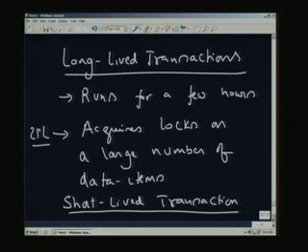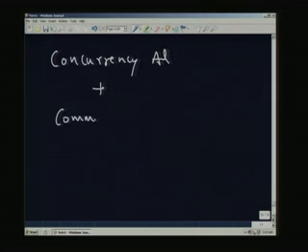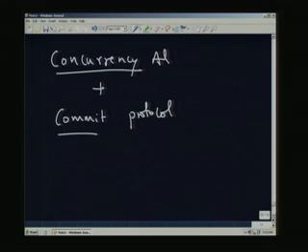Now, what I am going to touch upon is the other aspect of how a concurrency control algorithm has to be integrated with a commit protocol. What we understand by commit protocol and concurrency control algorithm has to be made a little more clear. It is only after the transaction commits.